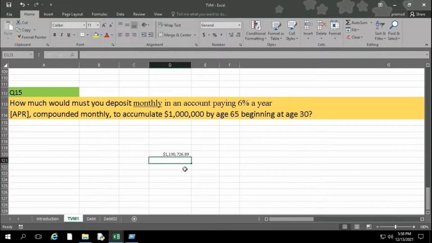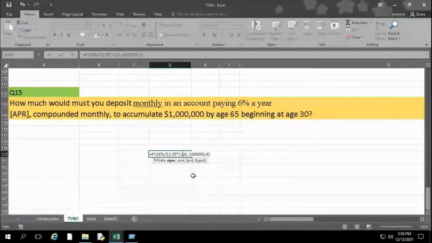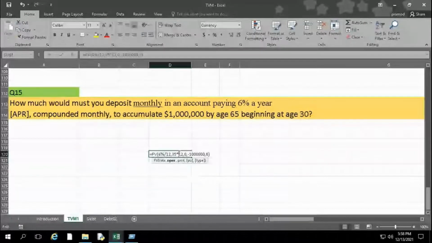So this much it will be. This is the formula. Oh sorry, the months also you should multiply into 12. This much it will be.